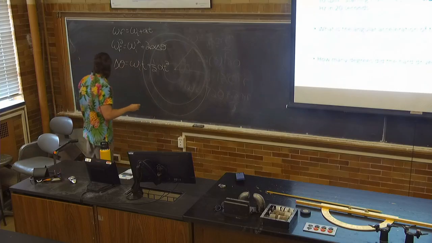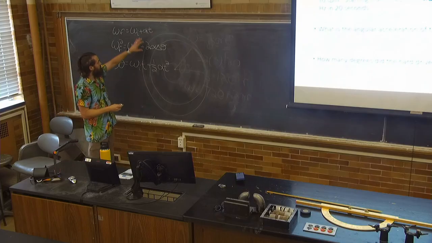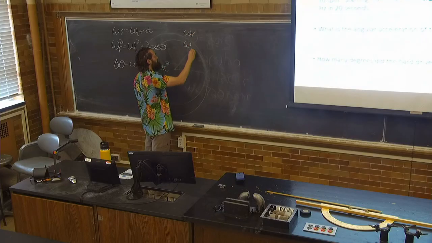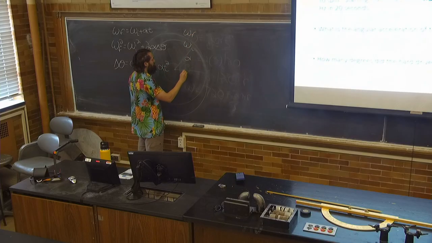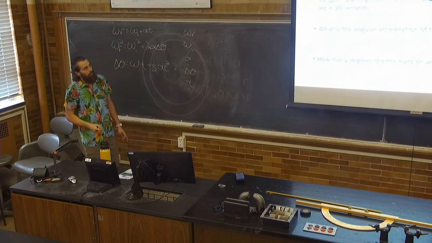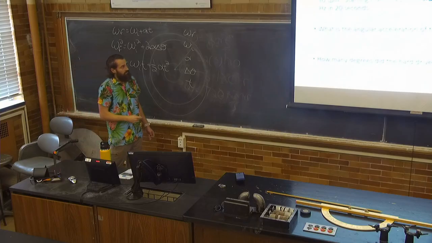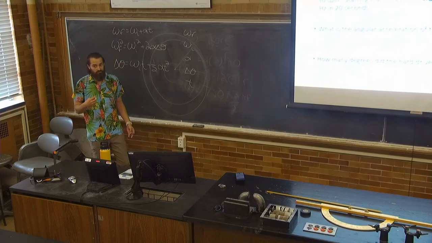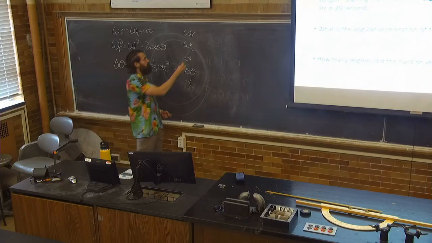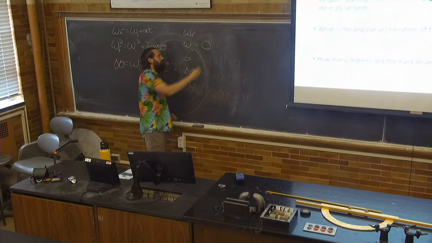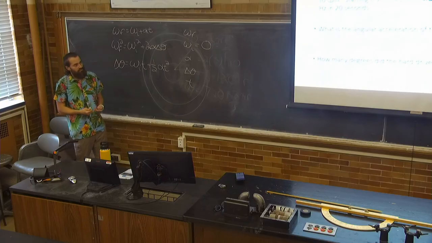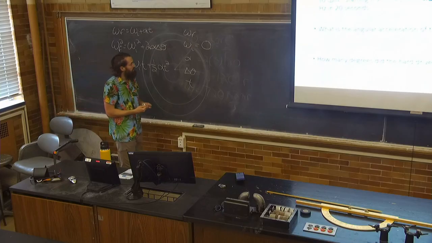And now I will make my chart of variables. And so this is what we have to fill in. They tell us that something starts from rest, so that means that its initial angular velocity is 0. And then eventually it reaches a frequency of 120 hertz.